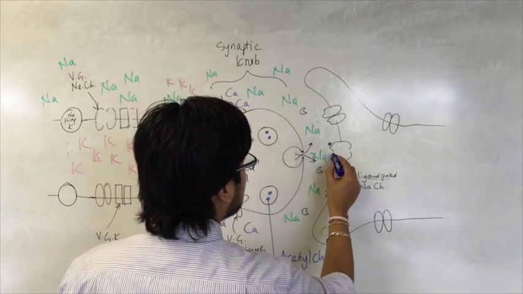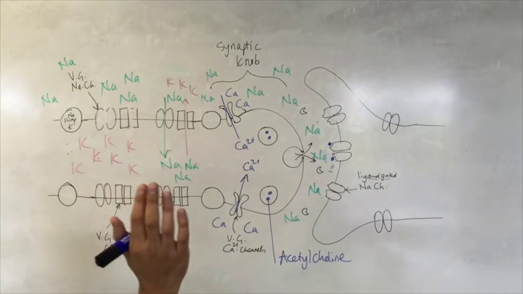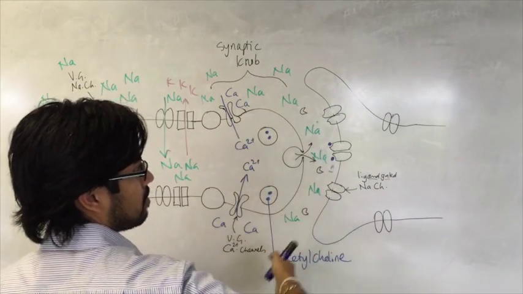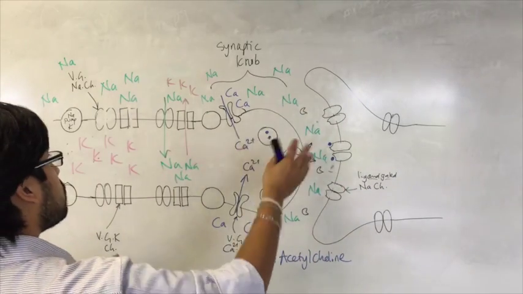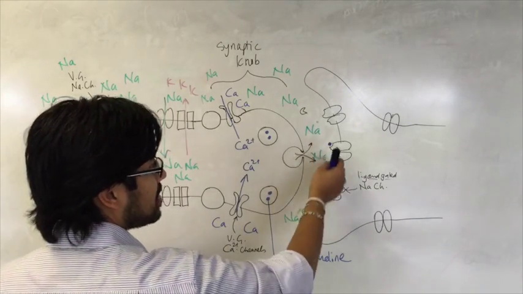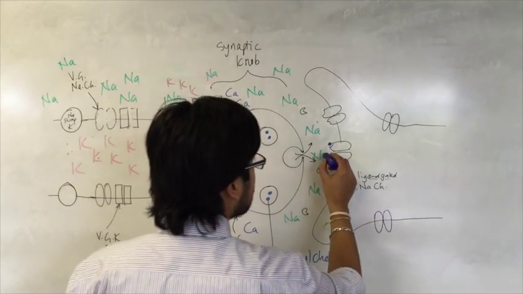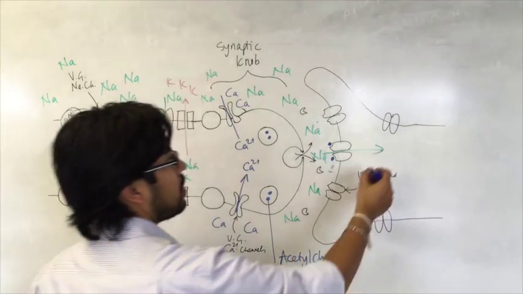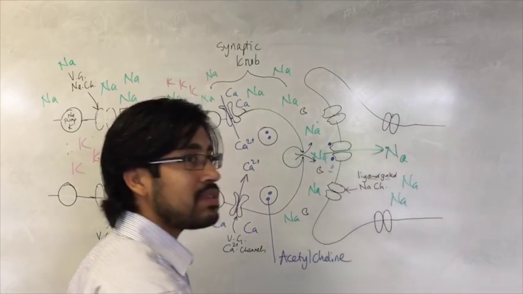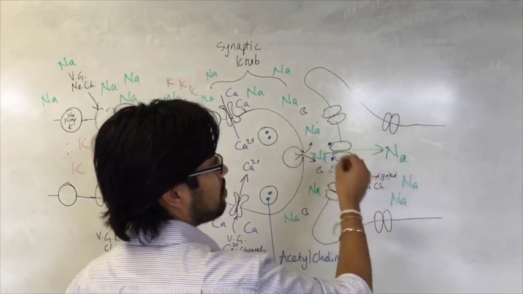Okay? The sodium channel is now open. And remember, we always have a high concentration of sodium outside the cells. Okay? And it's true just in the synaptic cleft, and it's true there just as it is for the axon or dendrite membrane. Okay? So when the acetylcholine binds that ligand-gated sodium channel, it opens, sodium then rushes in, the sodium concentration in this area increases, and if it increases enough, it will cause a depolarization in the postsynaptic neuron.